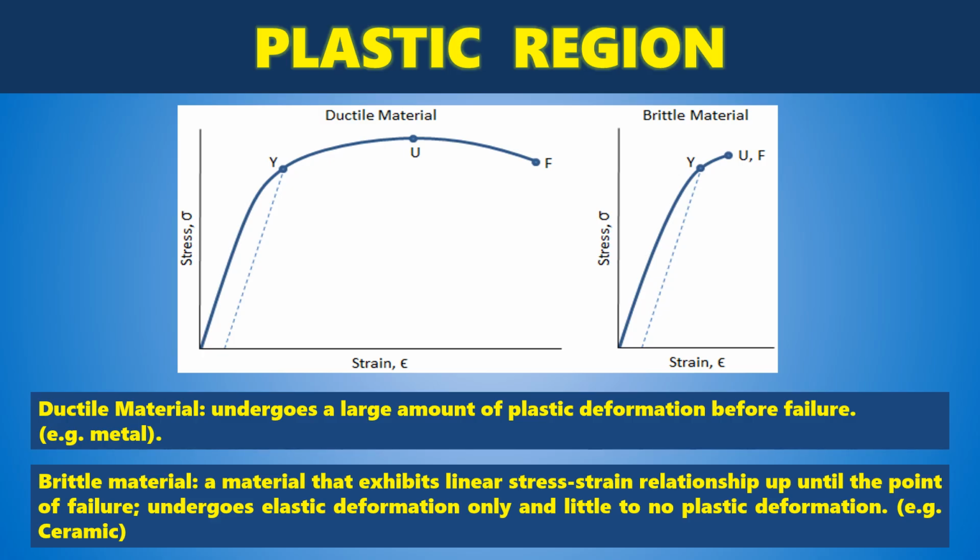On the other hand, brittle materials will undergo a small amount of deformation or no deformation before they fail. Examples of ductile materials are metals, like stainless steel and titanium. On the other hand, a brittle material like ceramic will undergo little or no deformation after the elastic region before it fails or shatters.